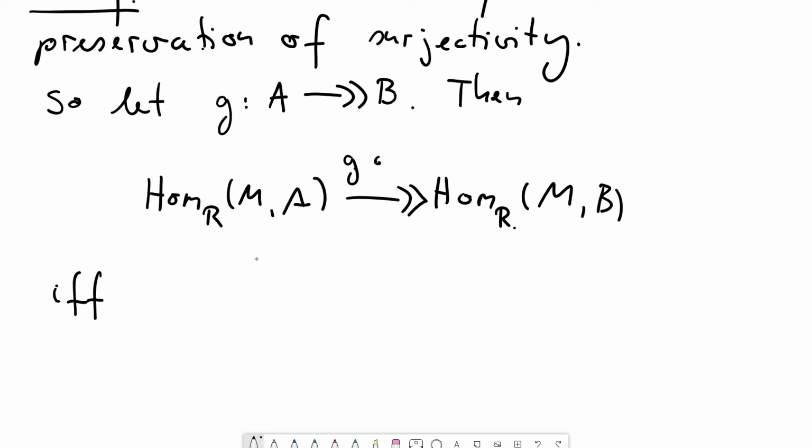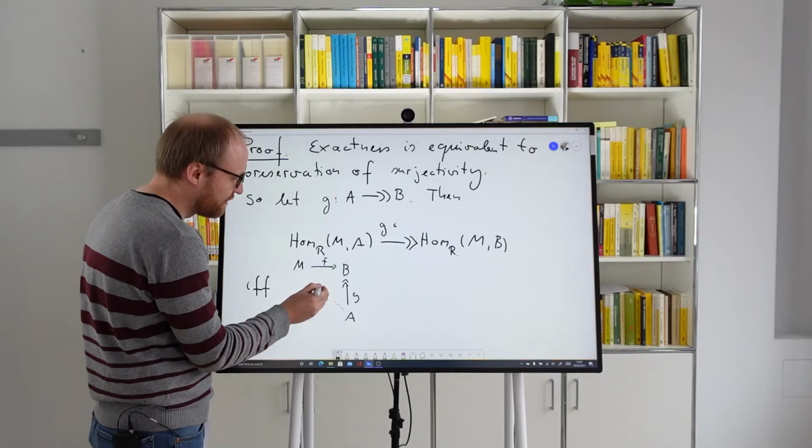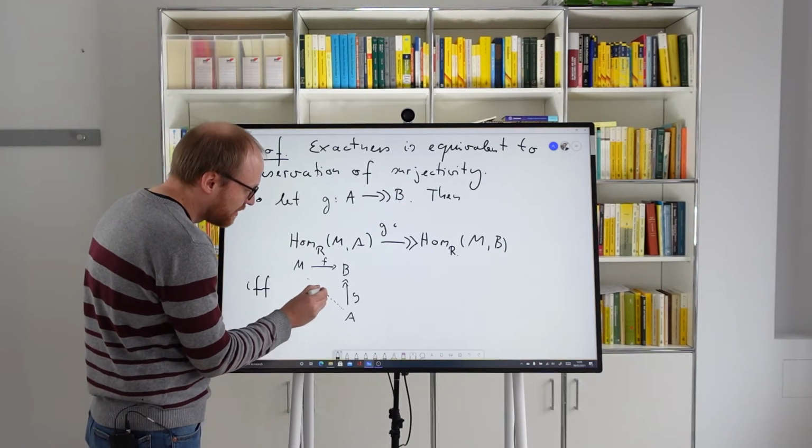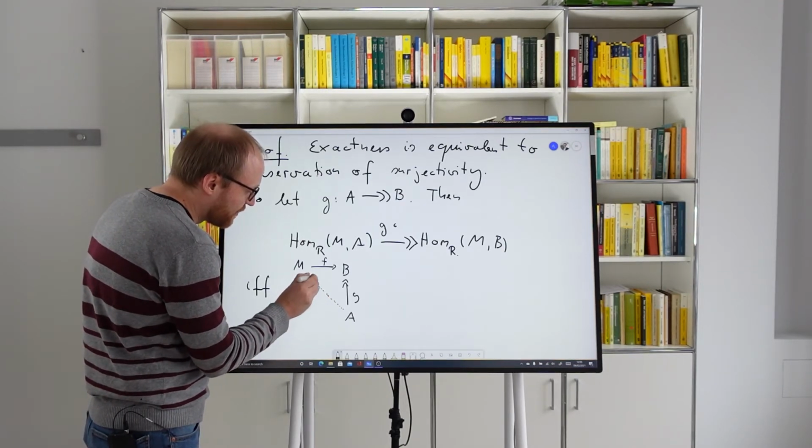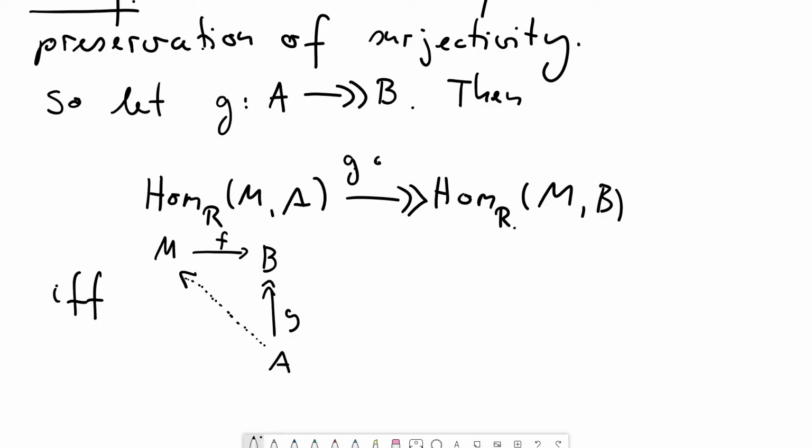This universal property can be stated in terms of such a g: if I have a surjective homomorphism from A to B, and any homomorphism f from M to B, then M is projective if I can always solve this lifting problem and find an arrow from M to A which makes this diagram commute. And now this is actually already the solution of the proof. So let's see why this is true.